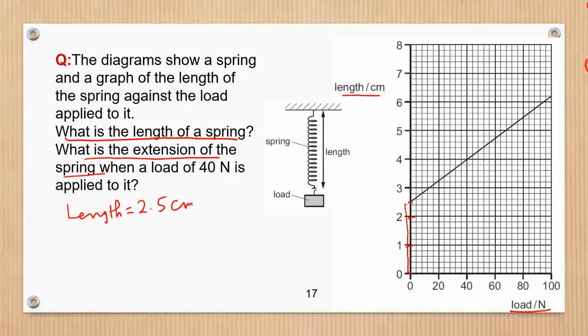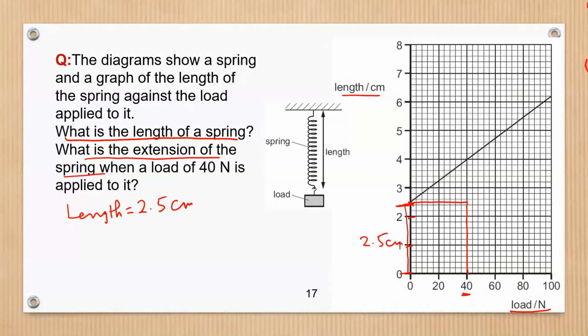Now, to calculate the extension of the spring when the load of 40 newtons is applied to it, here's a load of 40 newtons. Till this region is the length of the spring without any load, with 0 newtons. So that length basically is with 0 newtons, that is 2.5 centimeters.